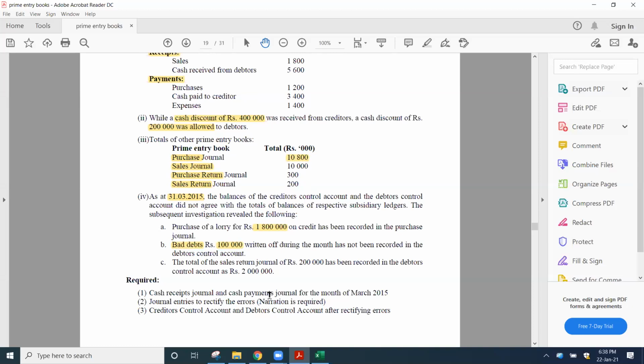So we need to record the bad debt. The total of the sales return journal 200,000 has been recorded in the debtors control account as 2 million. Right? So that was recorded in the debtors control account as 2 million.